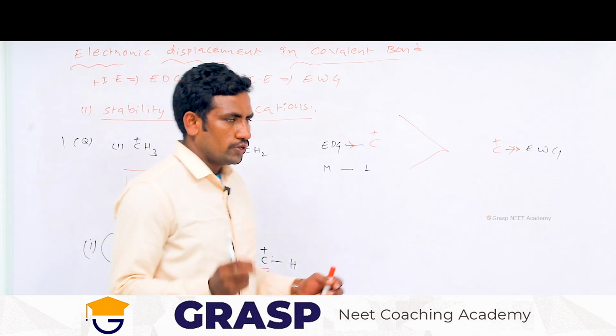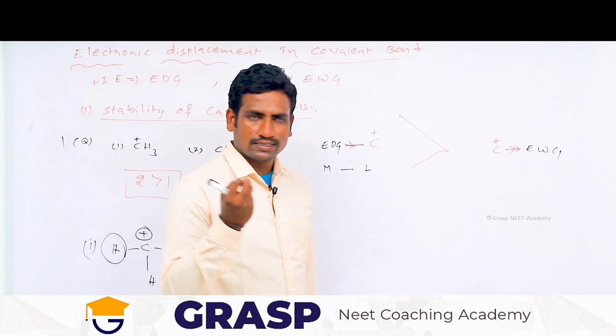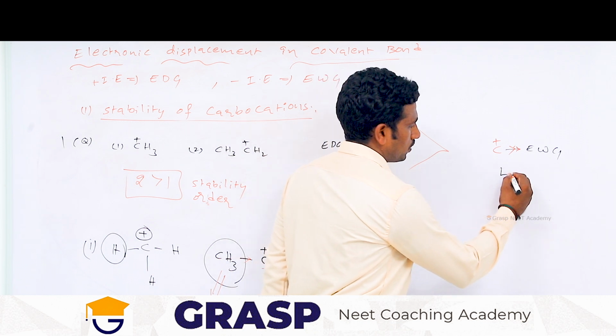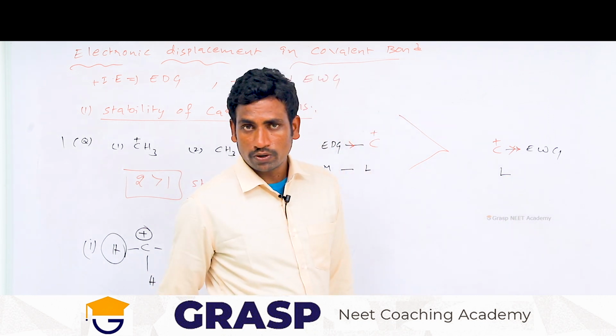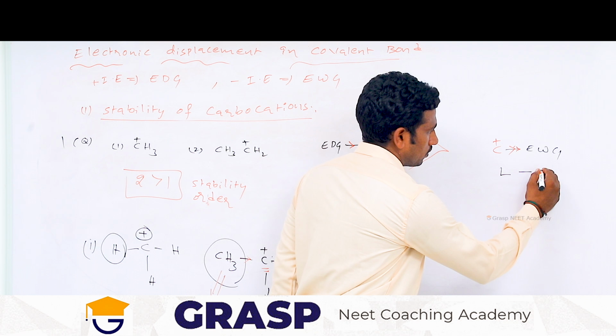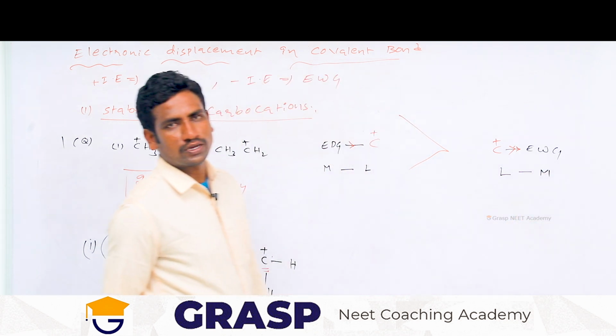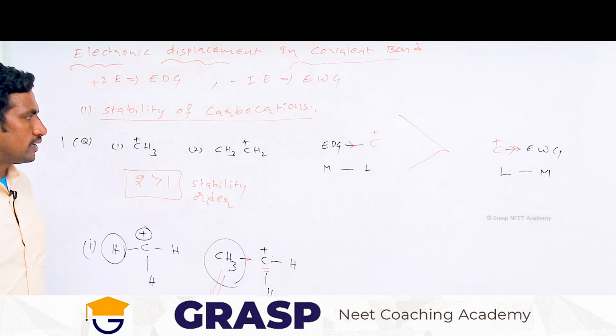Same thing: the carbocation attached to less withdrawing power is more stable than the one attached to more withdrawing power. Like this you can arrange them. This is carbocation stability.